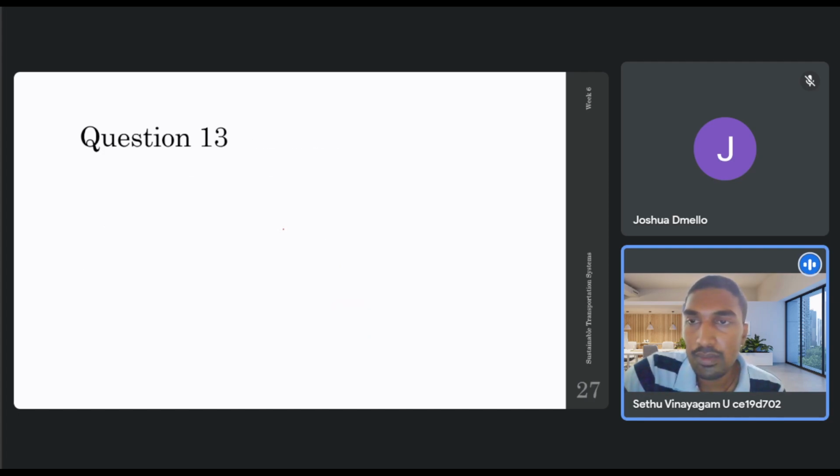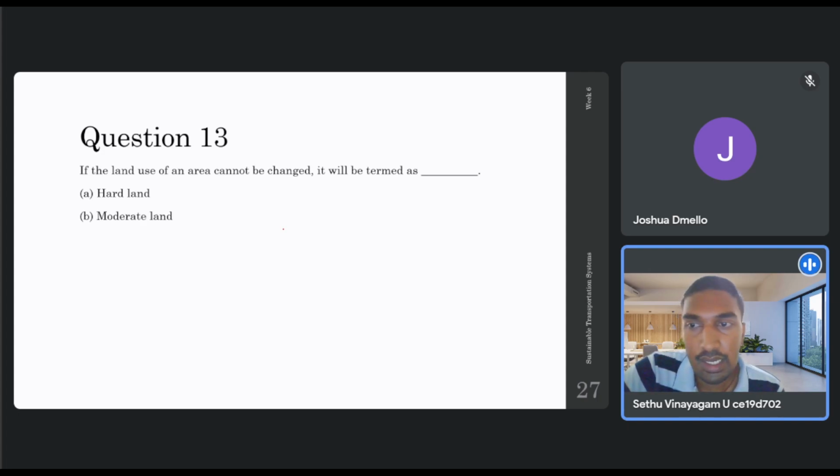Question number 13 is, if the land use of an area cannot be changed, it will be termed as dash. The options are hard land, moderate land, soft land, and none of these.